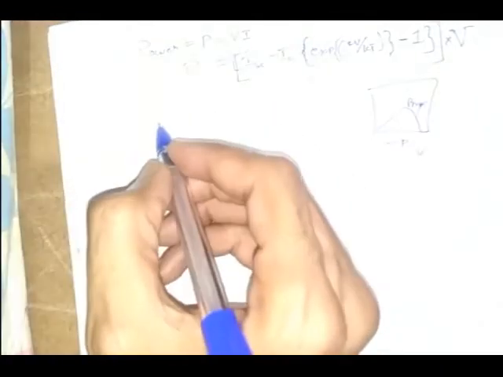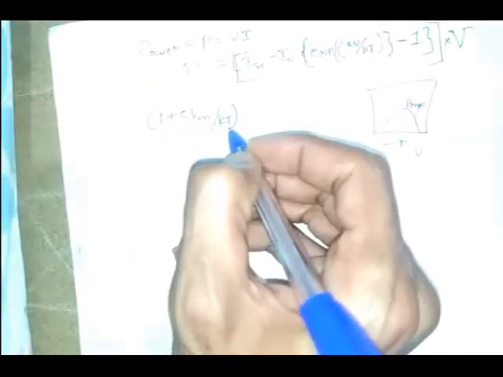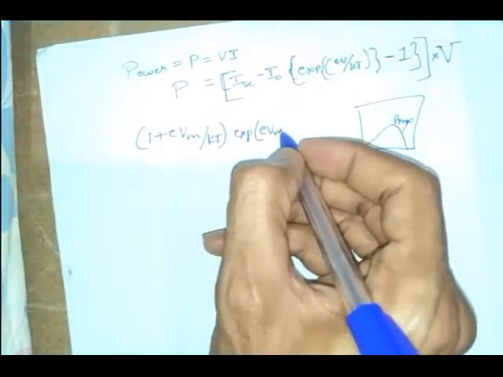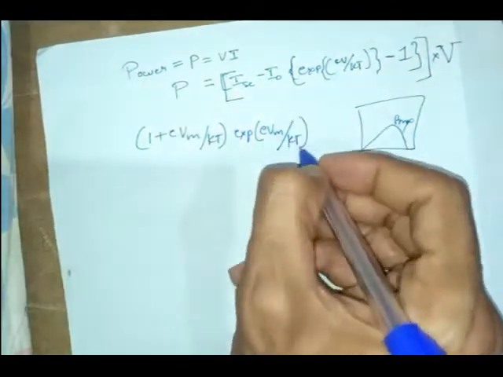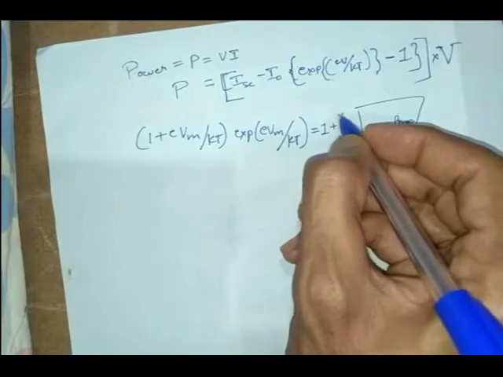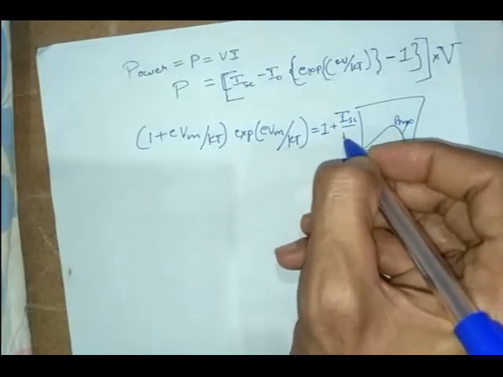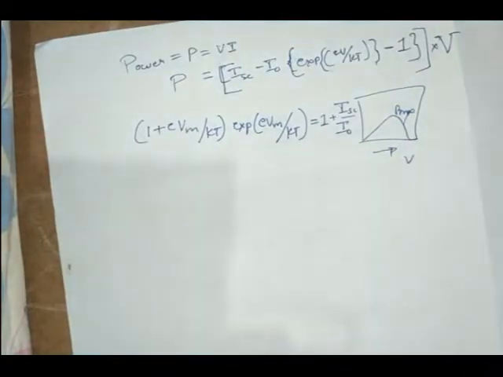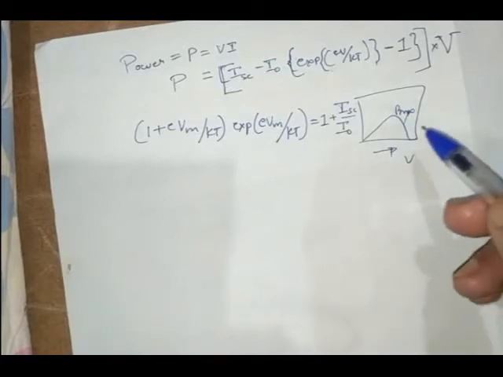After all the process, the equation we get is this, for your reference: exponential Vm by KT. You can try doing this and check once. So you should get this I naught. So this is the equation for maximum power at the point shown here.